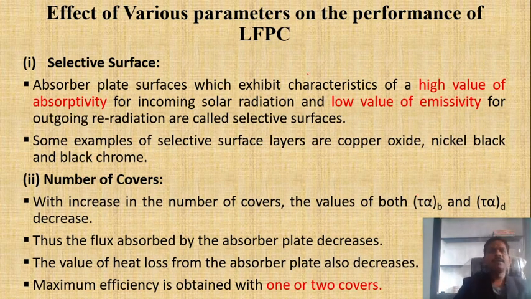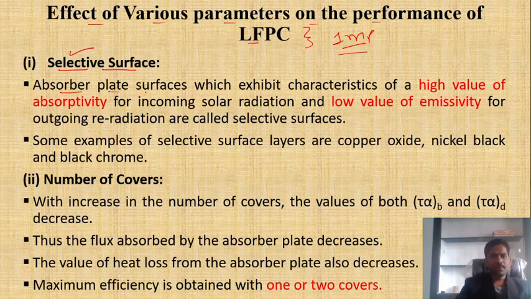So another parameter, guys, here the effect of various parameters on the performance of a liquid flat plate collector. This is very important. This question is always asked: how to improve the performance of a liquid flat plate collector. So what is the first point? Selective surface.